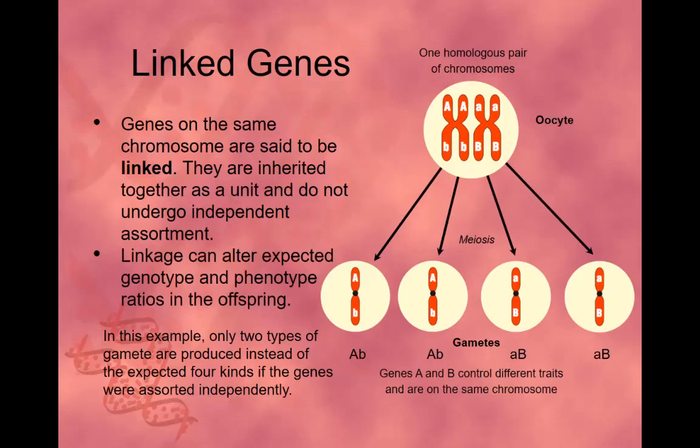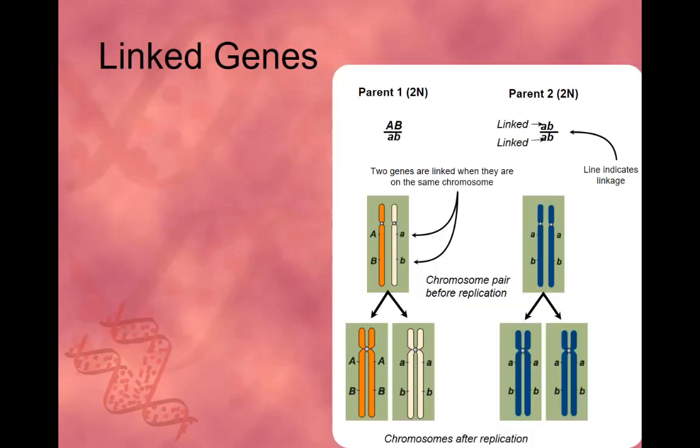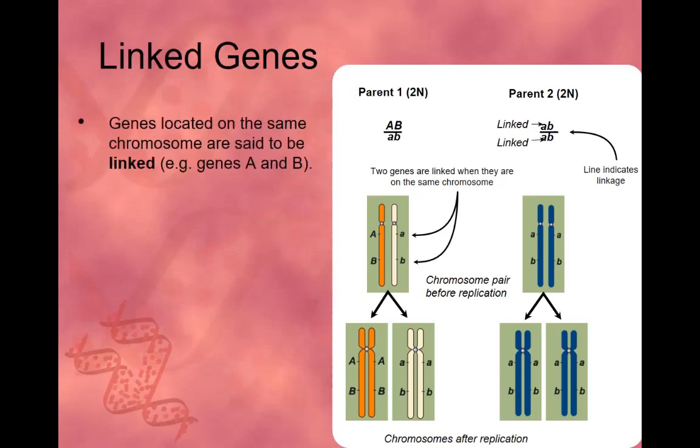So let's start by taking a look at linked genes. There is a typical way that we write linked genes when we show them in terms of inheritance, and that's with this solid line between the pairs. In parent one, you can see here that we're dealing with dominant A and dominant B being physically linked because they're together above the bar.